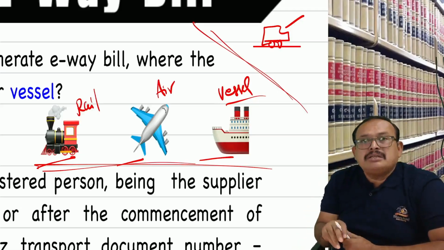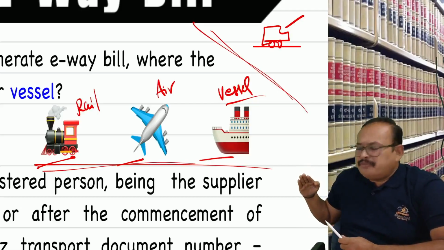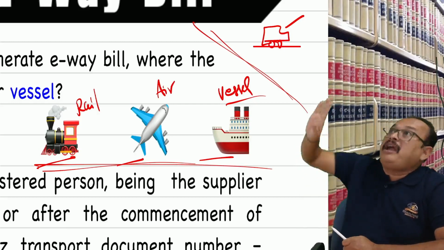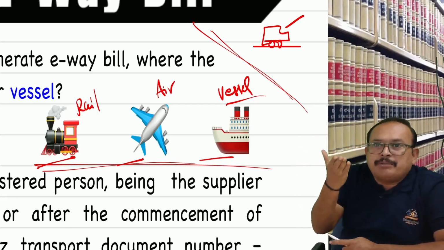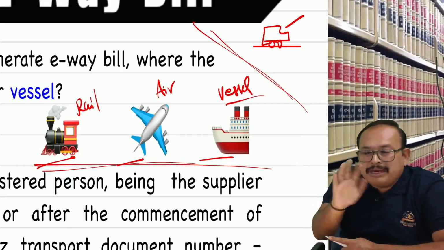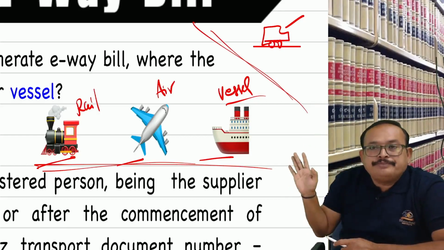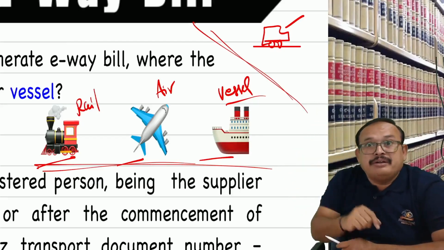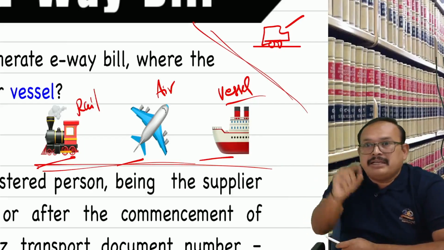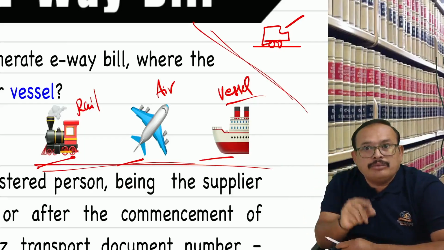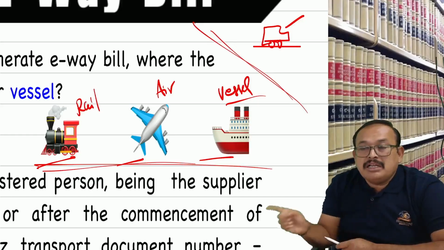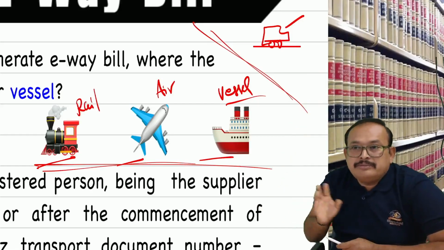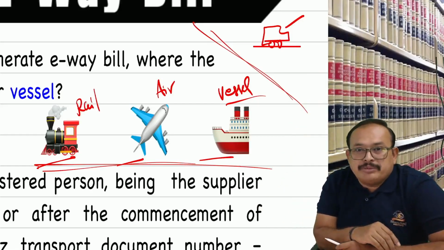Because if the aircraft is flying at great heights in the sky, a department officer cannot fly there and say, 'Stop the vehicle, I want to verify.' It is practically impossible. Similarly, a department officer cannot go and stop the train. A train runs based on signaling, red, green, yellow, not as per an officer's instruction to stop and verify the e-way bill. Not possible.